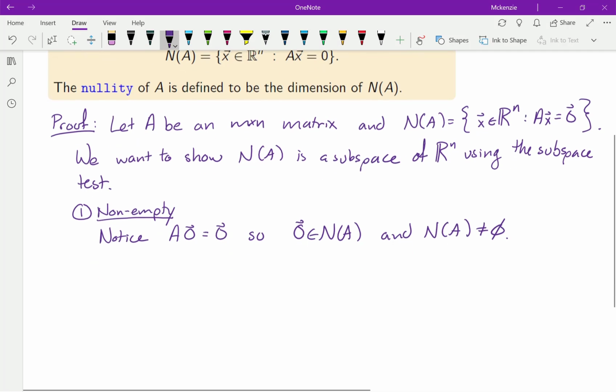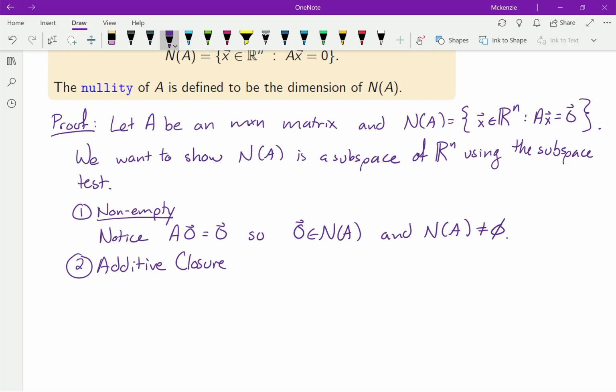Right, excellent. Second, let's test additive closure. When we're testing additive closure, we want to start with two generic things. So let u and v be in the null space, N(A).